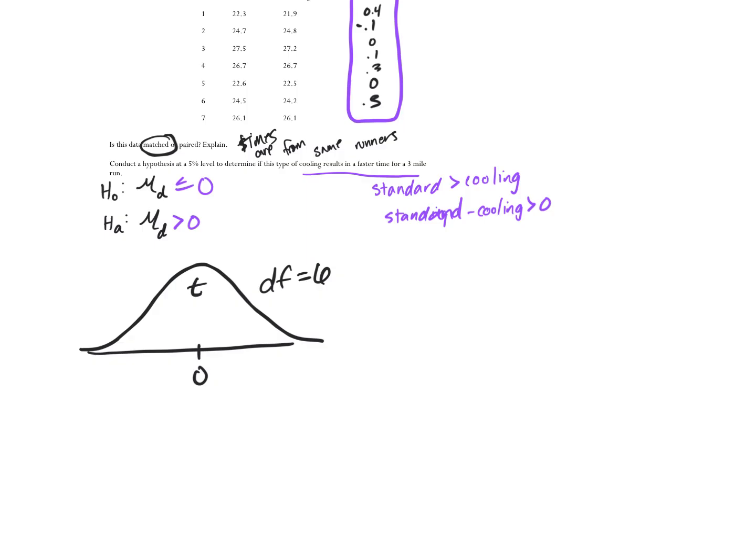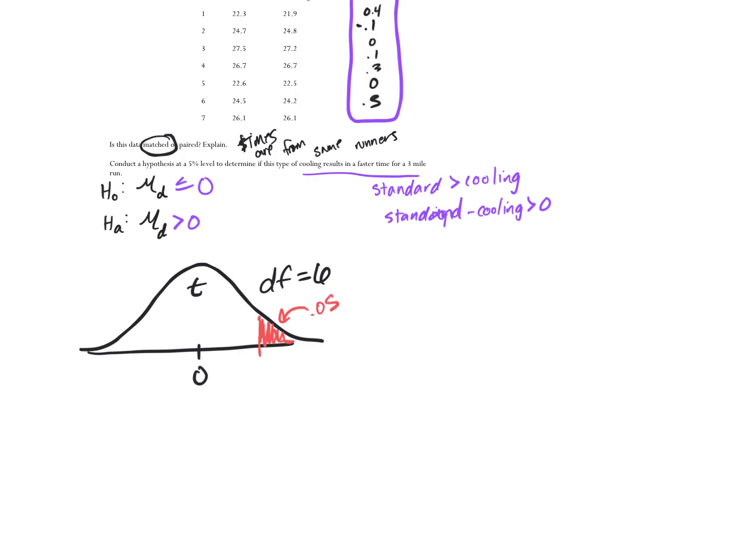Right or left? To the right. Remember, I make the shading distinction based on whatever my alternative hypothesis is. And how much am I shading? I say 5% level of significance.